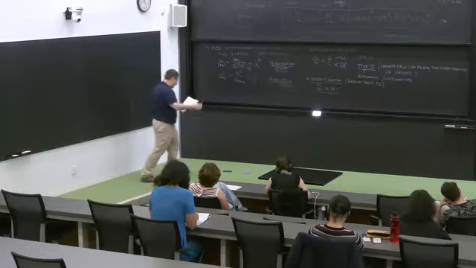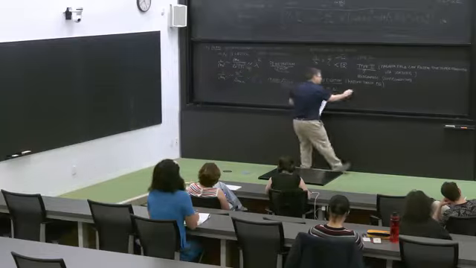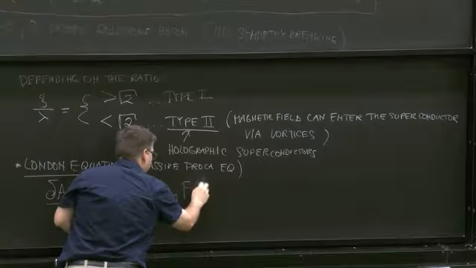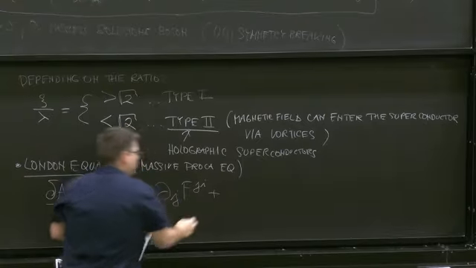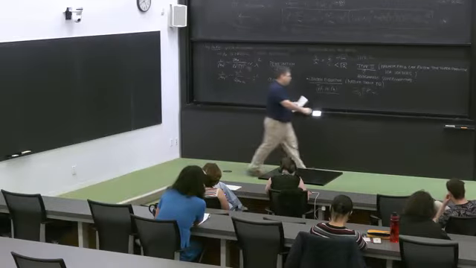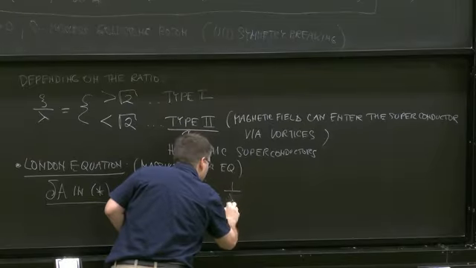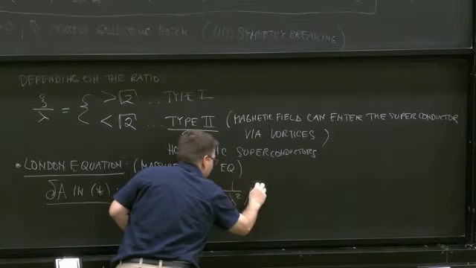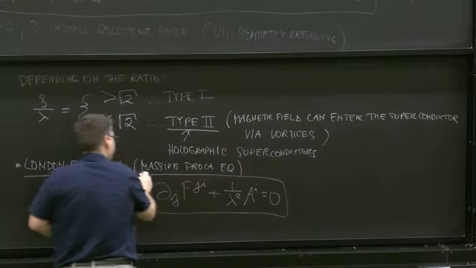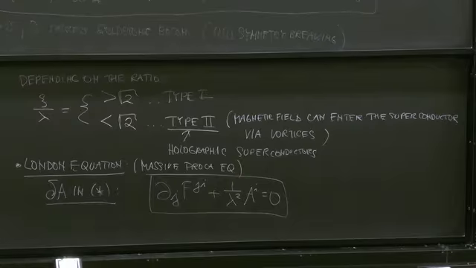And if you do that, then you just get the Maxwell equation with the mass, d_j F_ji, and then the length scale, the mass, is given precisely by this penetration length, 1 over lambda squared, right? So it's plus 1 over lambda squared A_i is equal to 0. Okay. So that's what's called the London equation.